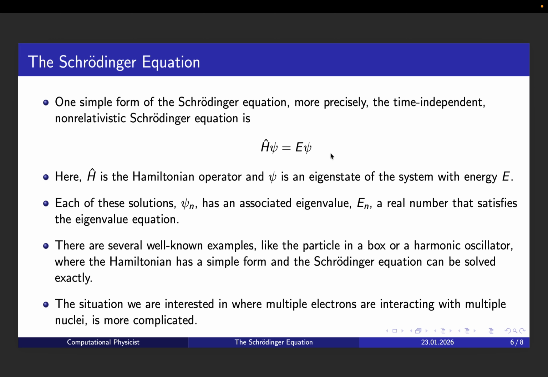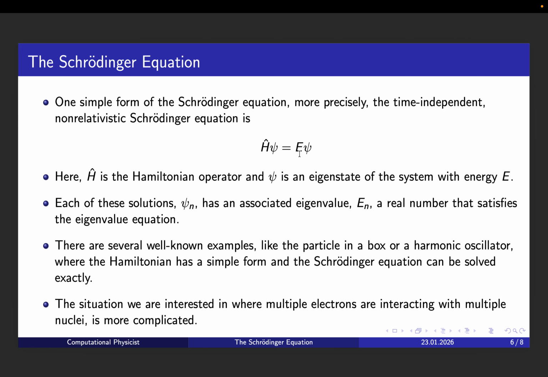One thing I would like to mention is that the values of the wave function psi n are complex numbers, but the eigenvalues of the Schrödinger equation are real numbers. That means we have a wave function which is complex, and when it is operated on by the Hamiltonian operator, we get the real eigenvalues of this Hamiltonian.